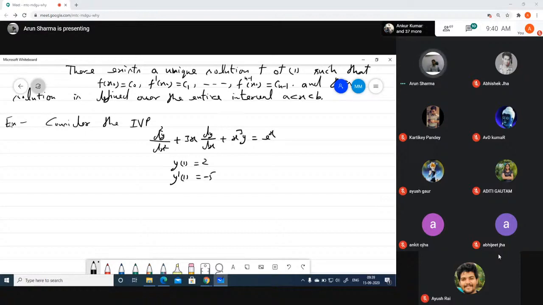Okay. So if you see these coefficients, what is a naught here? 1.